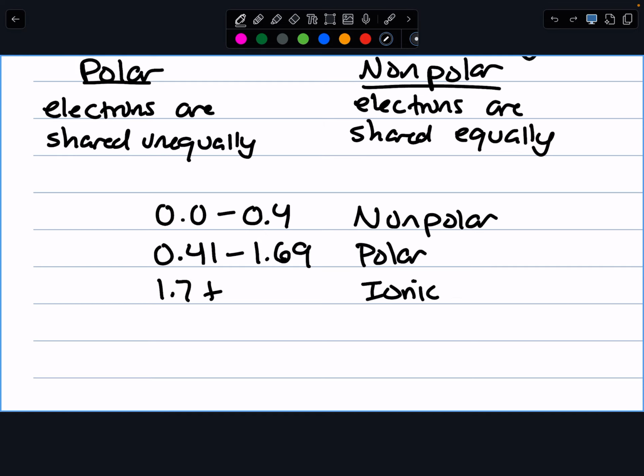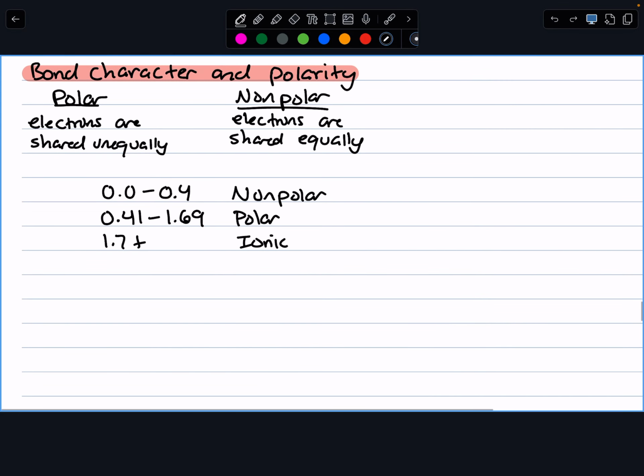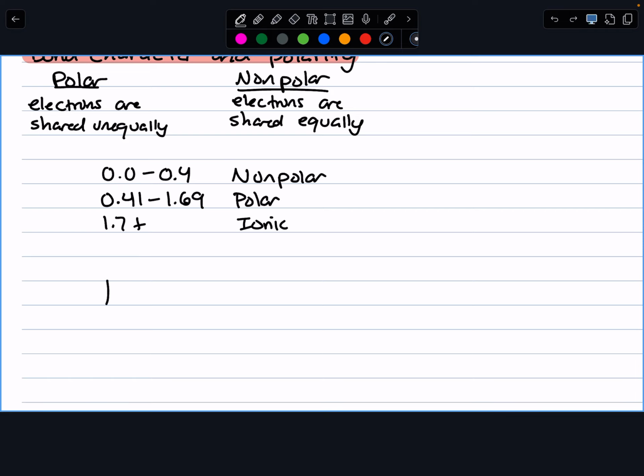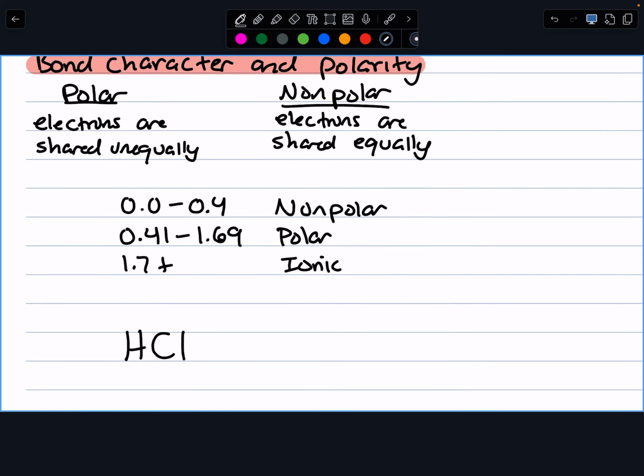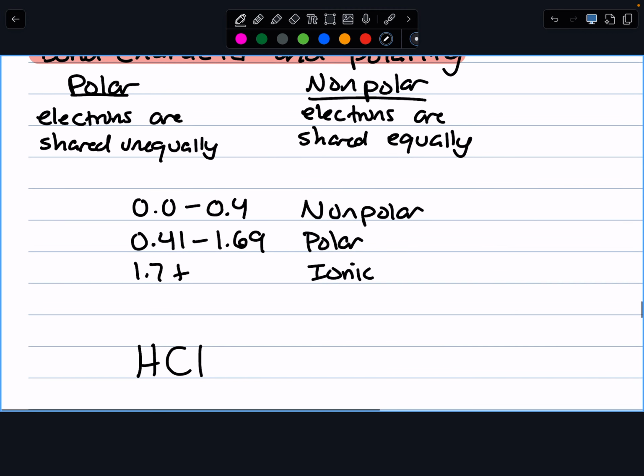Now, what happens in polar molecules is something called a dipole moment. Watch this. I have this molecule, HCl, hydrochloric acid.